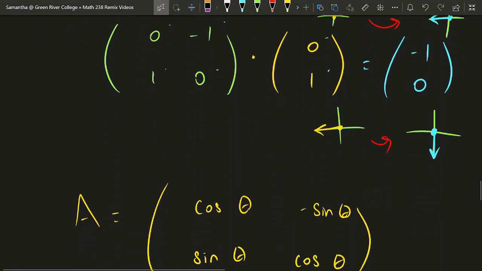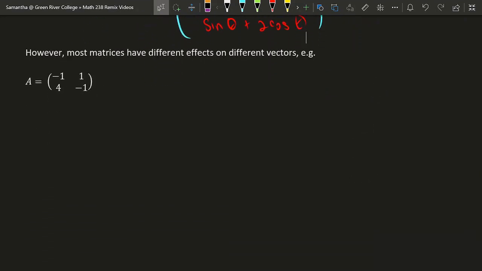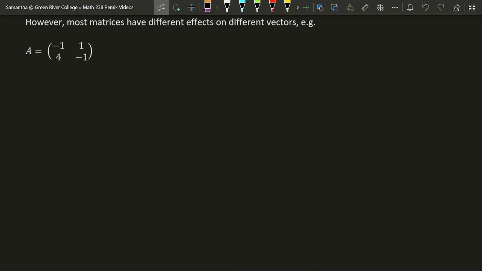Most matrices, however, have different effects on different vectors. For example, if I consider this matrix, -1, 1, and 4, -1, we will see that the effect of this matrix will be different depending on the vector that we apply the matrix to.